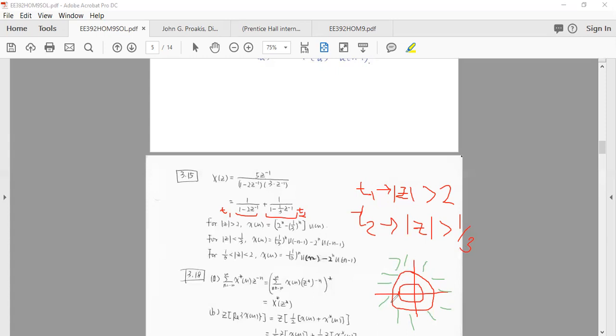So basically, in order for this particular signal to be causal, it has to be greater than 2. The condition of term 1 outweighs the condition of this particular term. So the overall region of convergence, in order for this signal to be causal, is that the modulus of z has to be greater than 2.